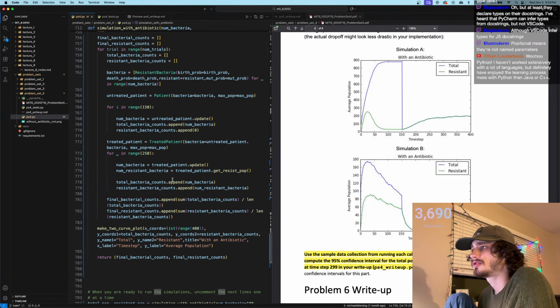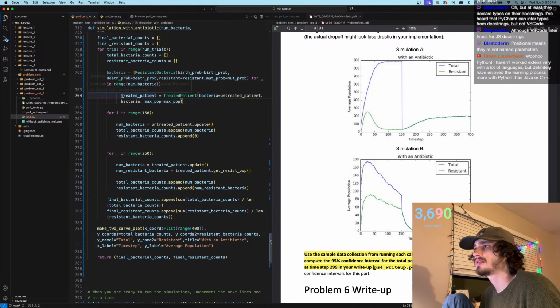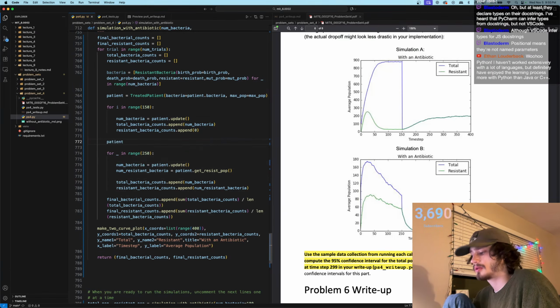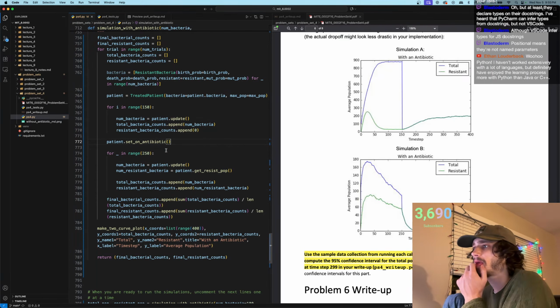Okay, so instead of this, this is just patient. And then we call patient dot set antibiotic, and then we run for 250 more steps and then plot.